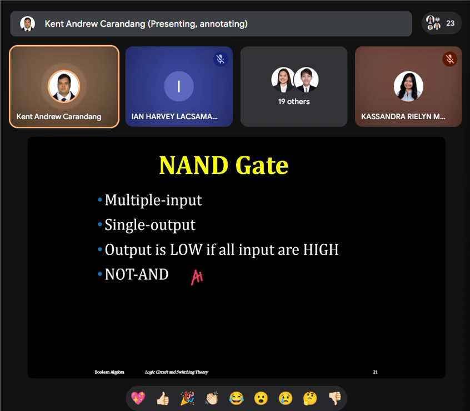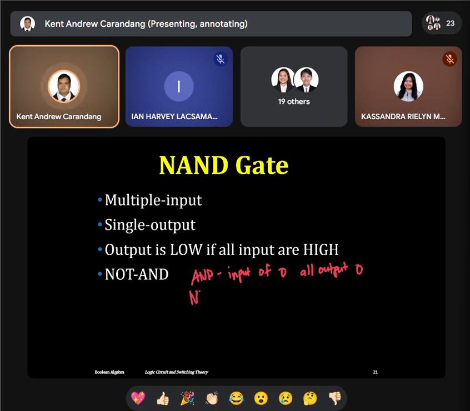For the AND, if we have any input of 0, the output is 0.